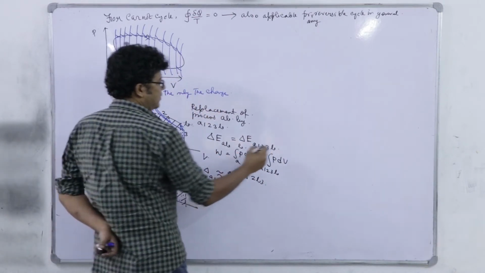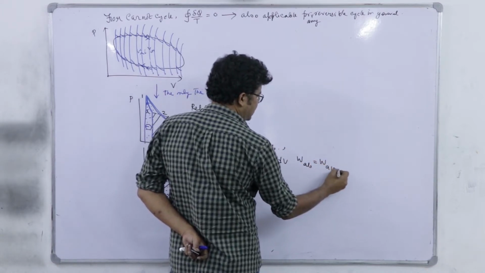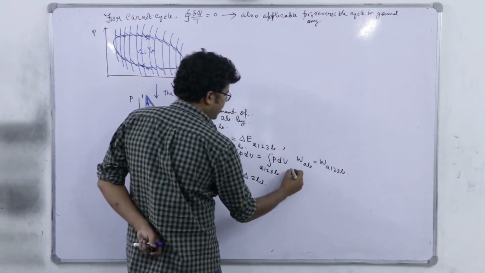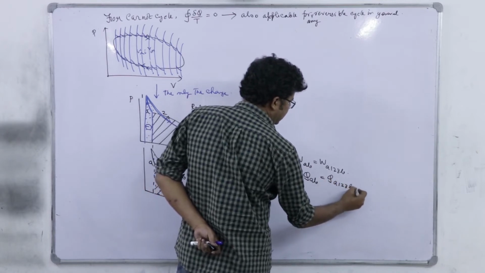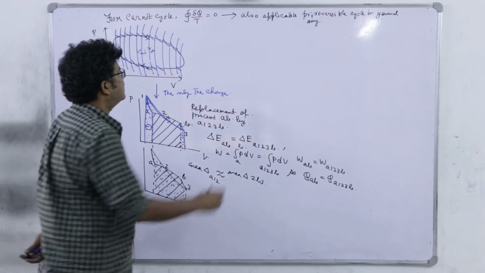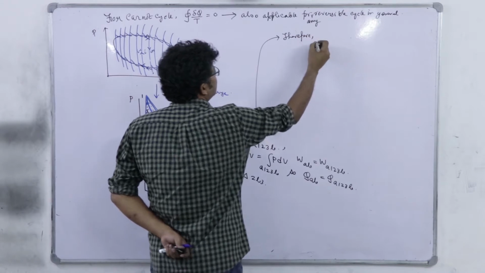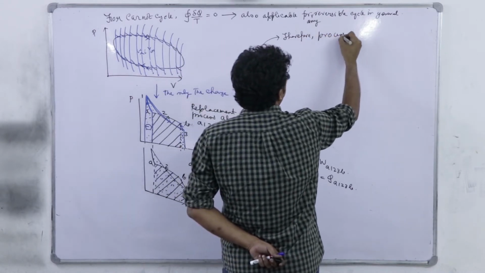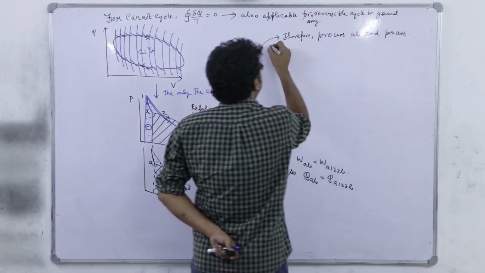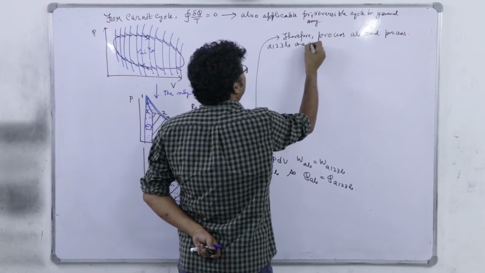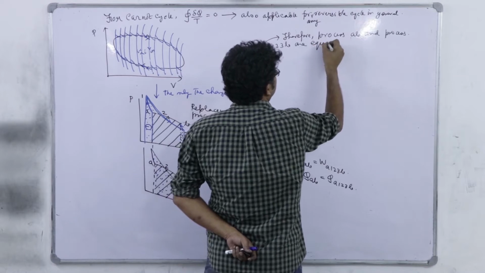So work interactions, WAB and WA123B, they are same. So QAB and QA123B, they are also same, and therefore process AB and process A123B are identical, or rather, not identical, we should say equivalent.